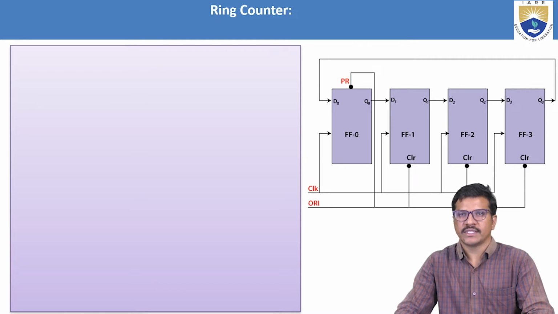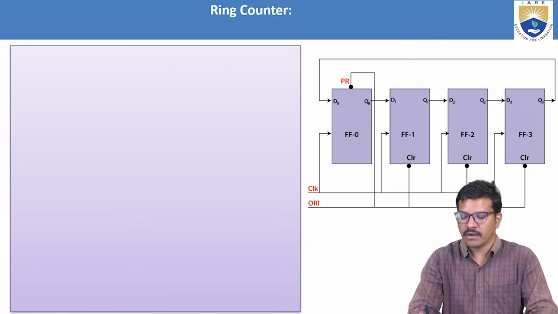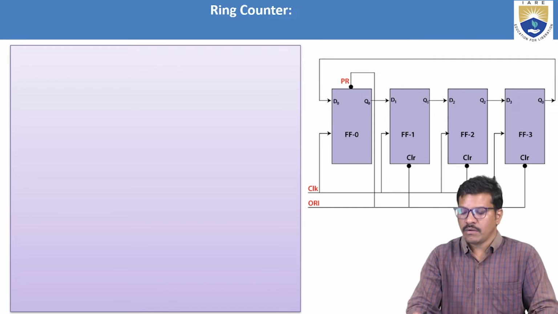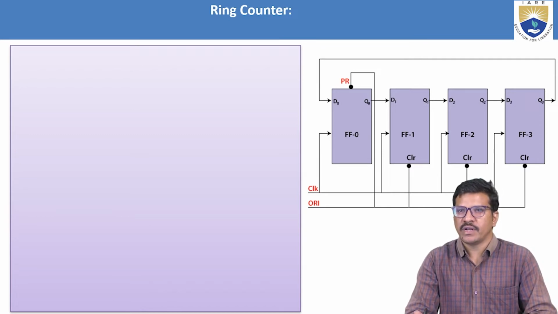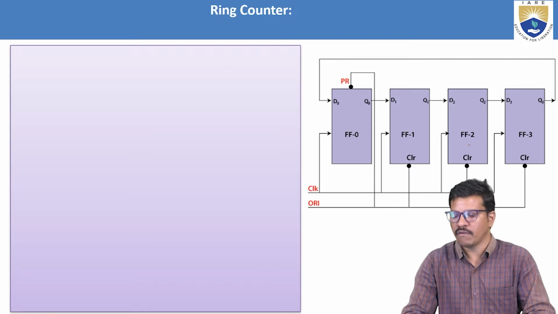We can design this ring counter with the help of D flip-flops. So take 4 D flip-flops, connected here. We can represent these 4 D flip-flops with the names FF0, FF1, FF2, FF3.